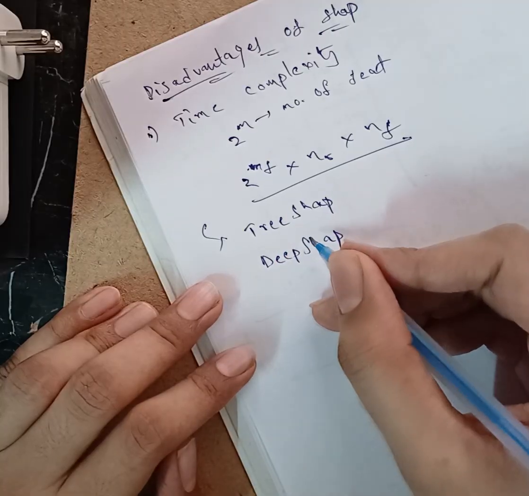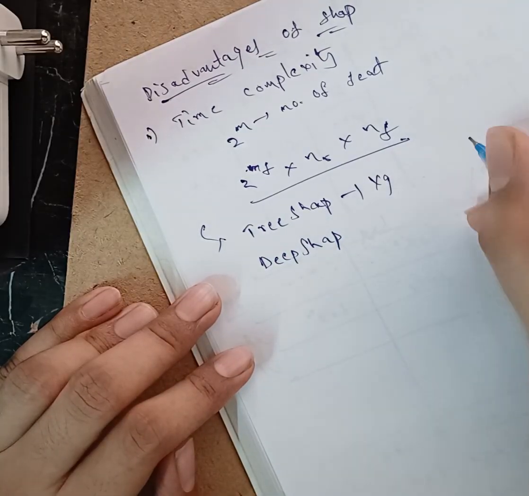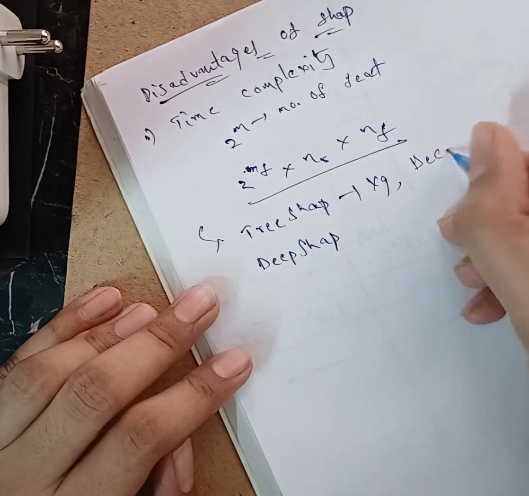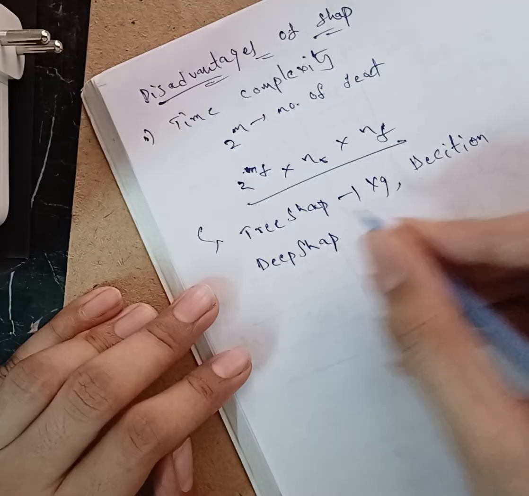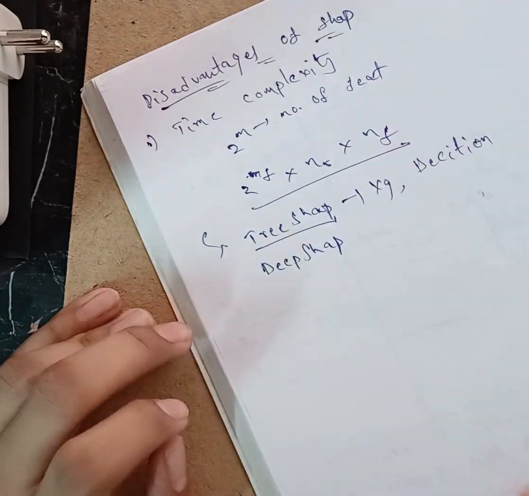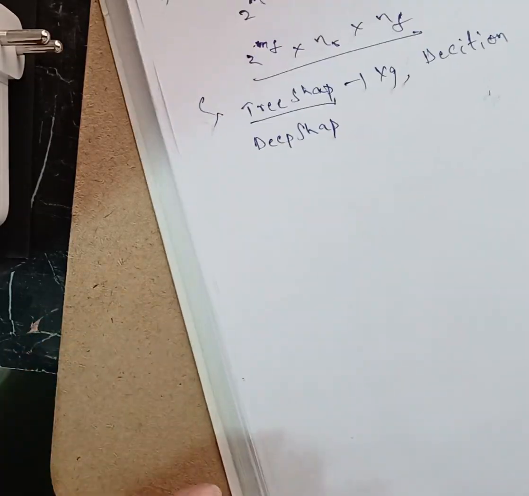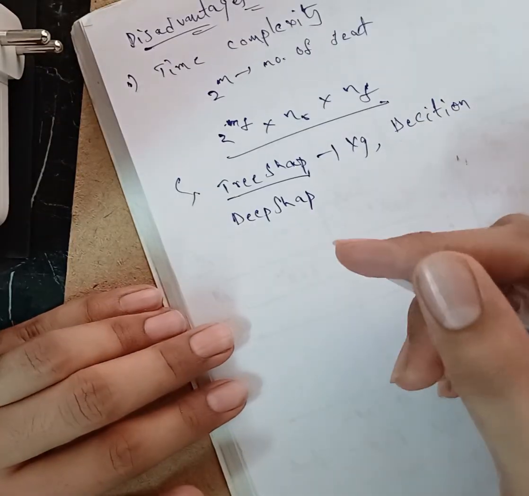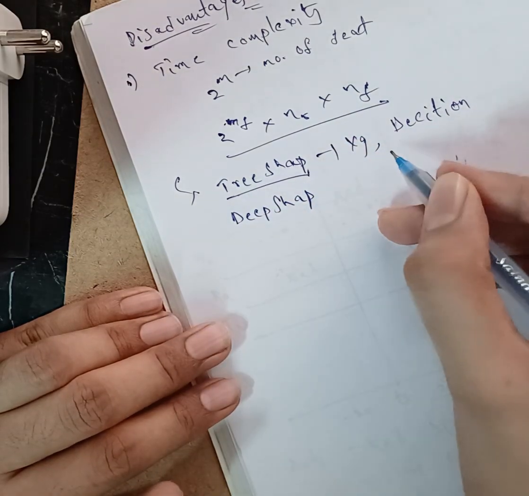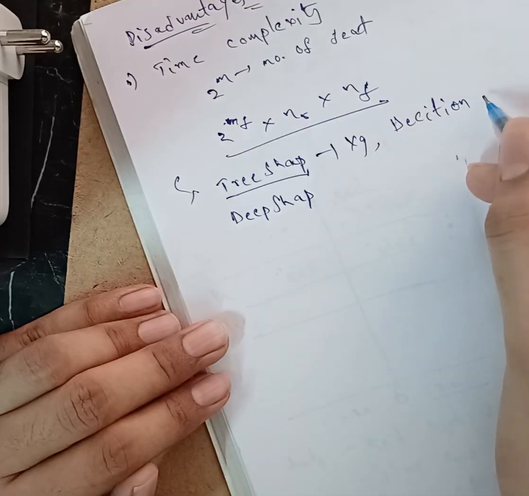Basically, Tree SHAP is for XGBoost or any tree based models like decision trees. This Tree SHAP doesn't work for every model. Unlike SHAP, which as I said is model agnostic, Tree SHAP doesn't work on all the models.